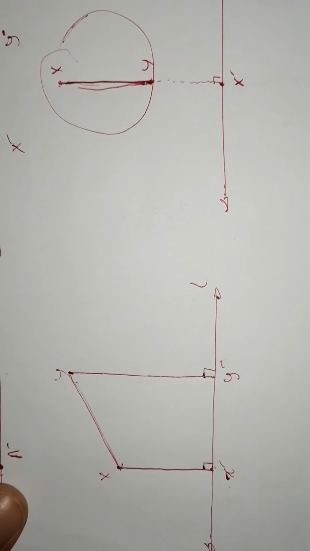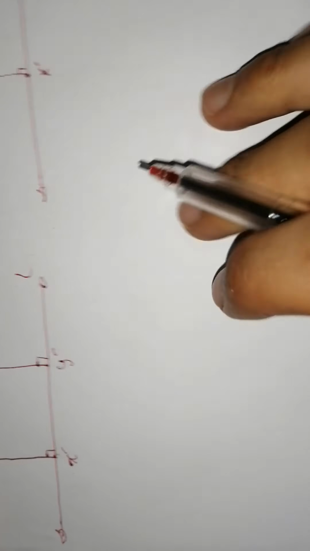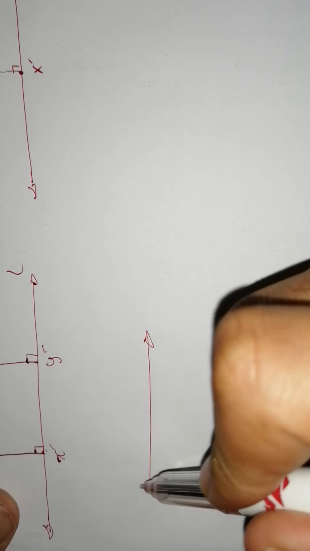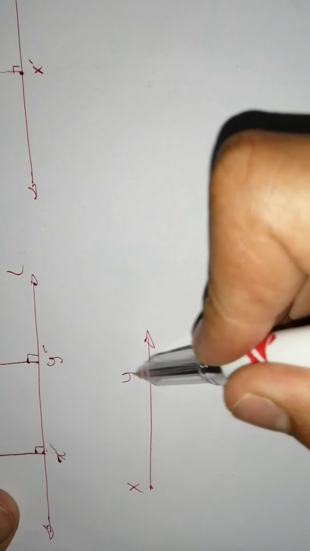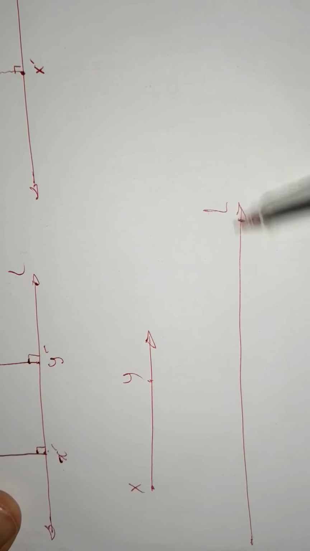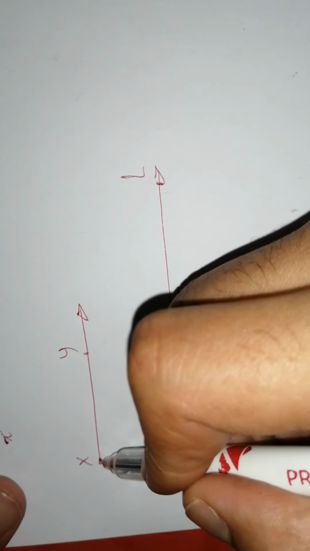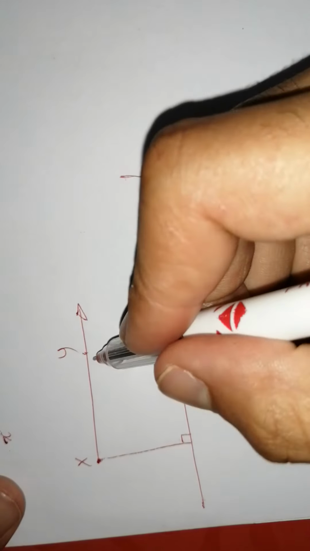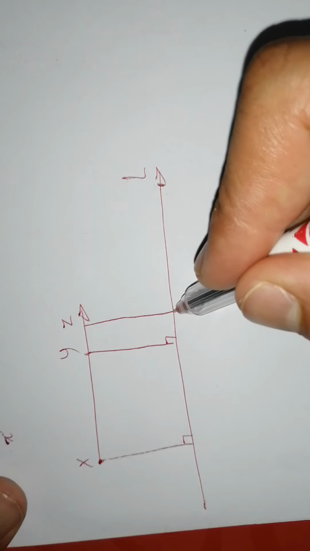And now we are going to find the projection of a ray over a straight line. If you have the ray XY, and you want to find its projection over the straight line which is named L, you are going to draw the perpendicular line from X to the straight line and the perpendicular line from Y to the straight line, and then a perpendicular line from another point which is named Z to the straight line.